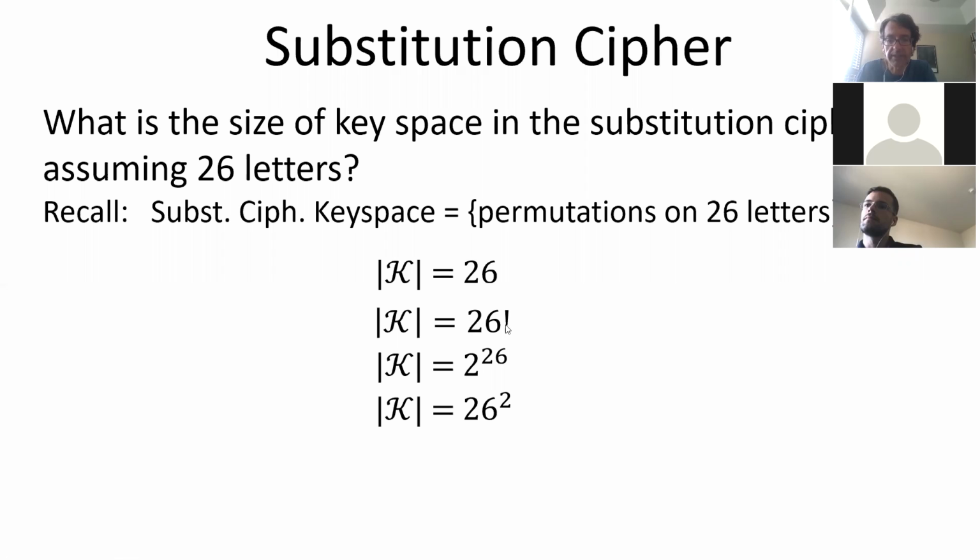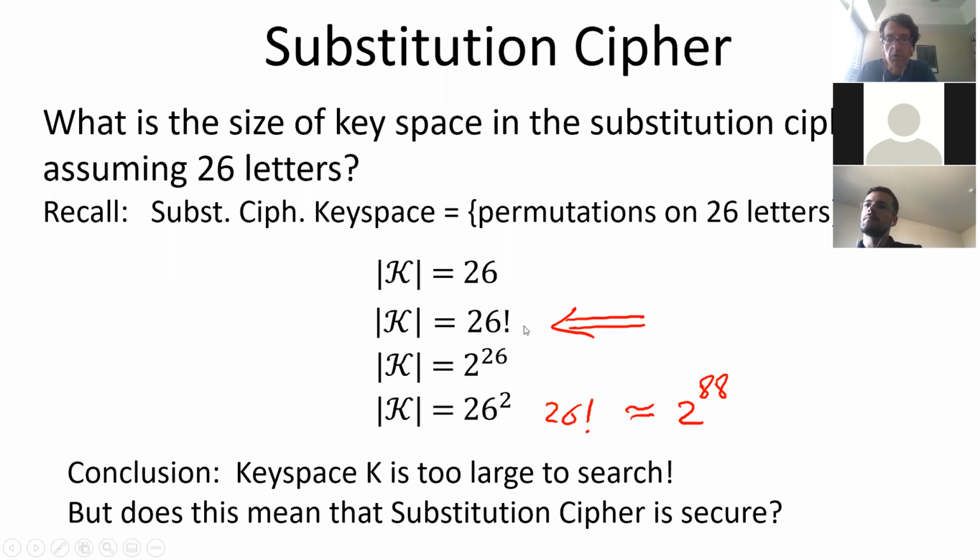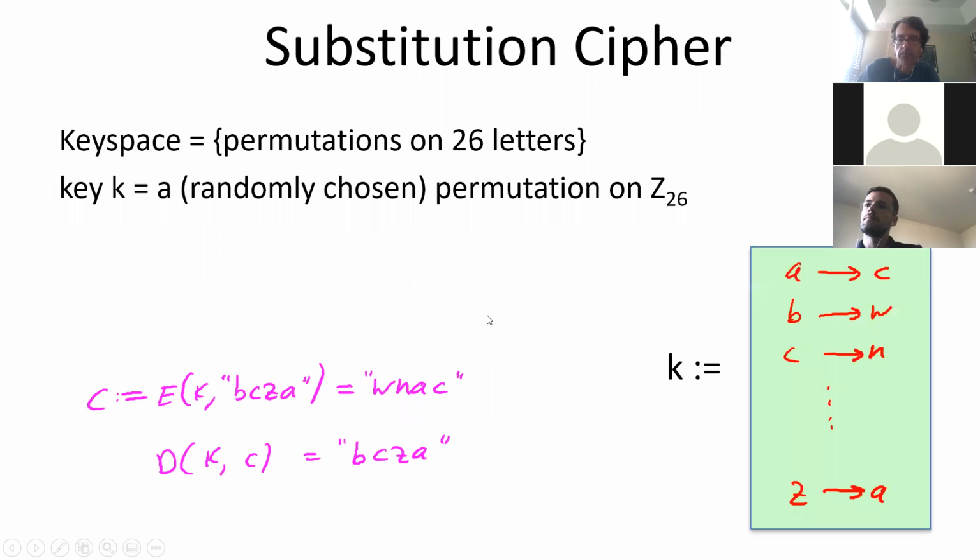So I'll cut to the chase. It's this many, right? Because look, the permutation is fully described by this column. This column is a permutation of the alphabet, right? I start with C, then I have a W, then I have N. This column is all letters permuted.